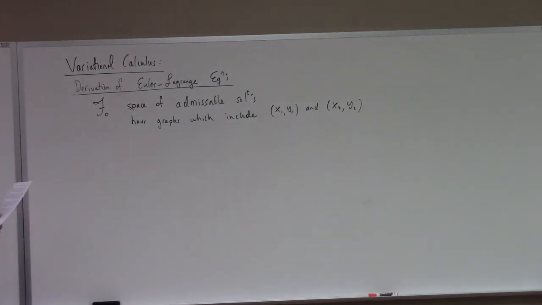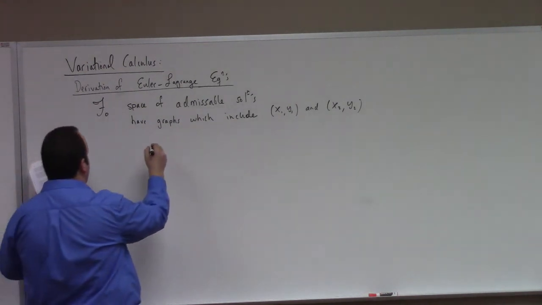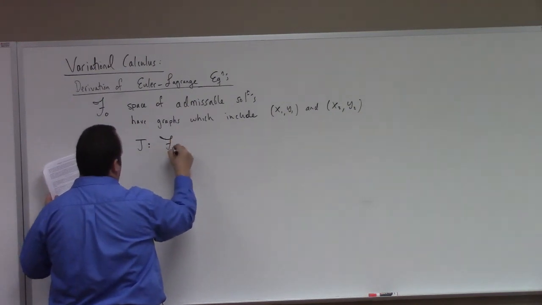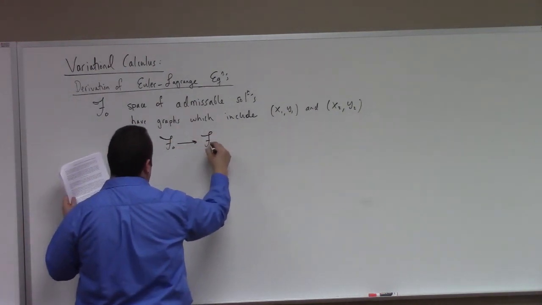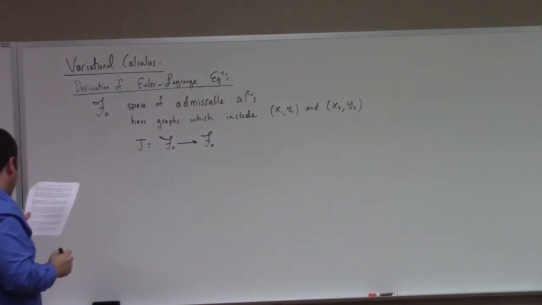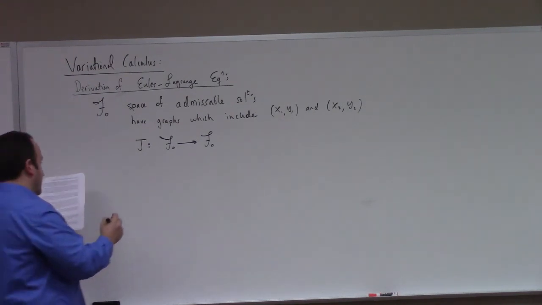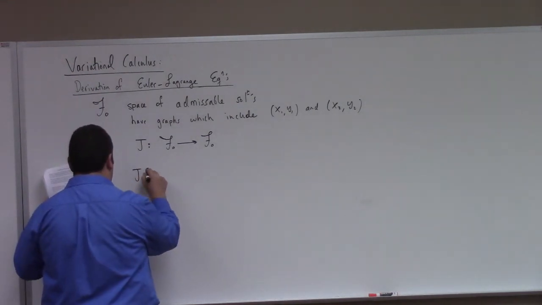And then we're going to consider a functional, J. J is going to map F naught to F naught again. And this functional, we're going to let be defined in terms of the integral of some function f, which we're going to call a Lagrangian, in honor of Lagrange, of course.